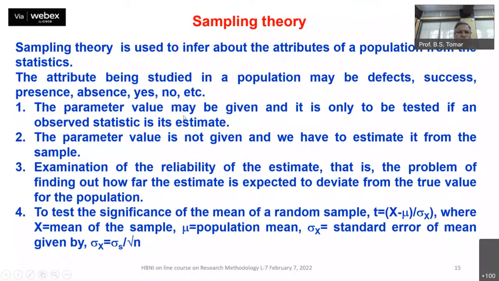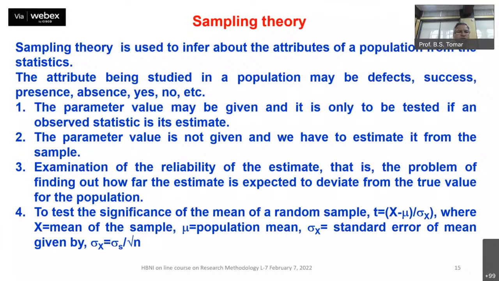So the parameter value may be given, and it is only to be tested whether an observed statistic is its estimate. There are different aspects, different options, depending on what kind of study you are looking for. In one case, you have the parameter value and you want to test whether an observed statistic is its estimate. That means you have the value of mu and you are getting the X value.